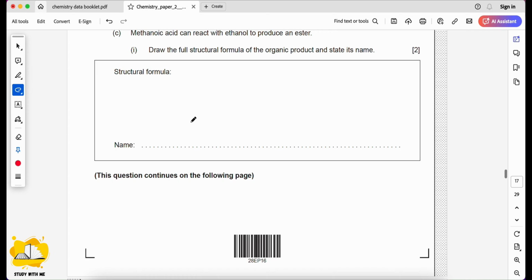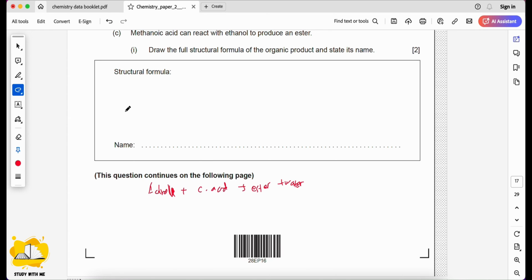Methanoic acid can react with ethanol to produce an ester. As you know, when alcohol plus carboxylic acid, it will produce ester and water with the catalyst concentrated H2SO4 and heat.